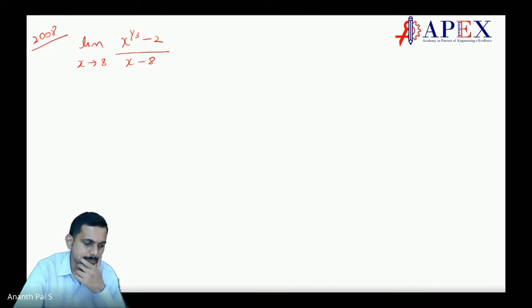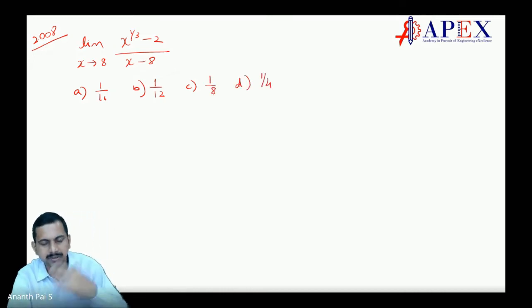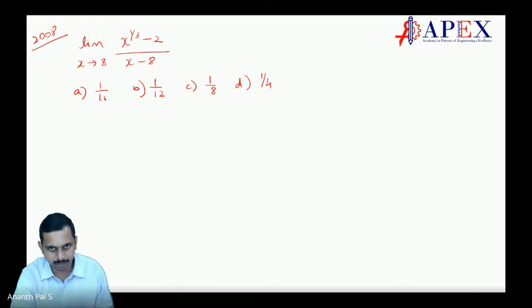Then we solve this. The answers are A, 1 by 16, B, we can have 1 by 12, C, we can have 1 by 8, D, we have 1 by 4. Just try L Hospitals. If L Hospitals does not work, then go for other methods. Okay.